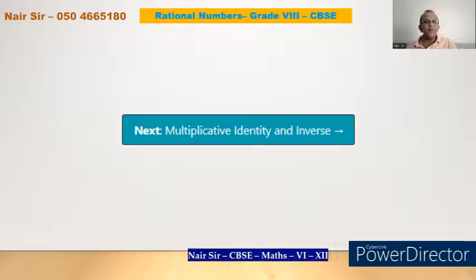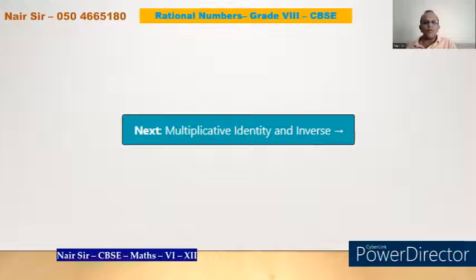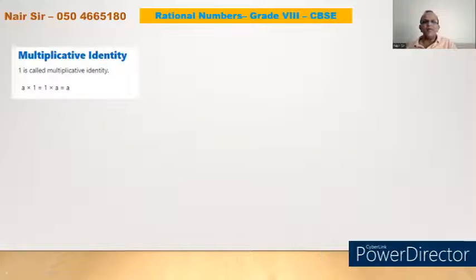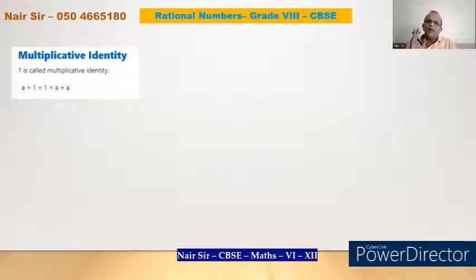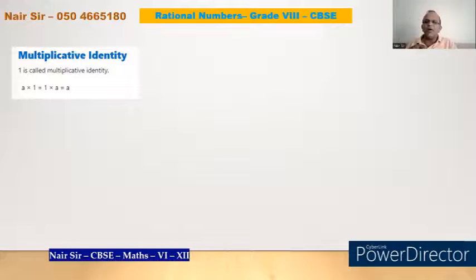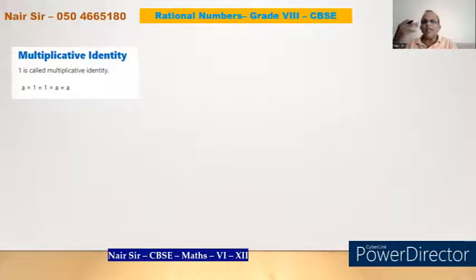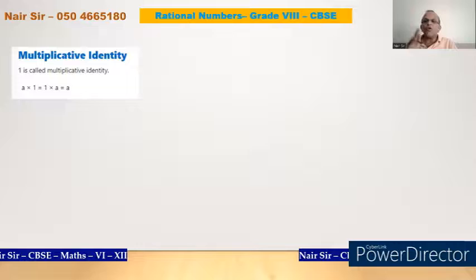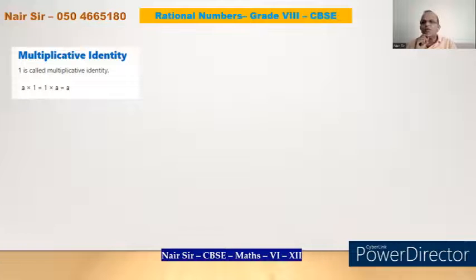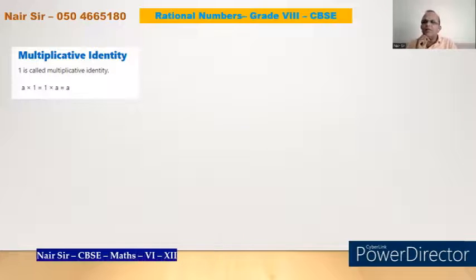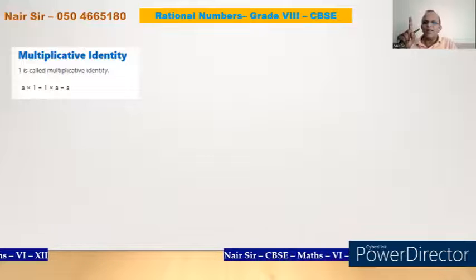Multiplicative. Do you recollect what we learned in multiplicative? What number will I multiply with a number where the number will remain the same? If suppose you're thinking 10,000 as a number, what number will I multiply to 10,000 so that it will remain 10,000? It's 1.